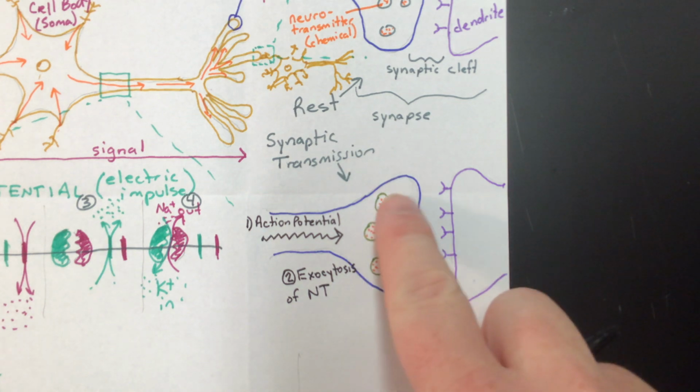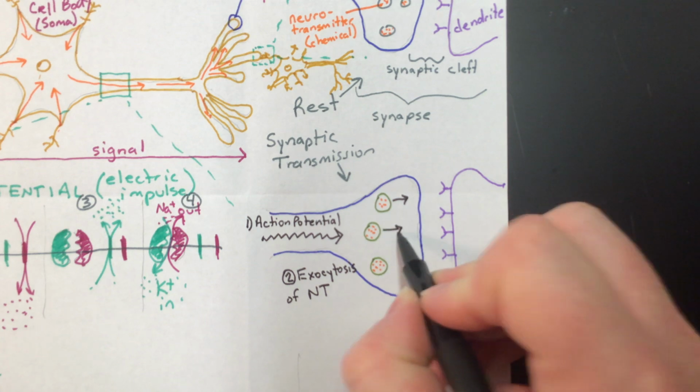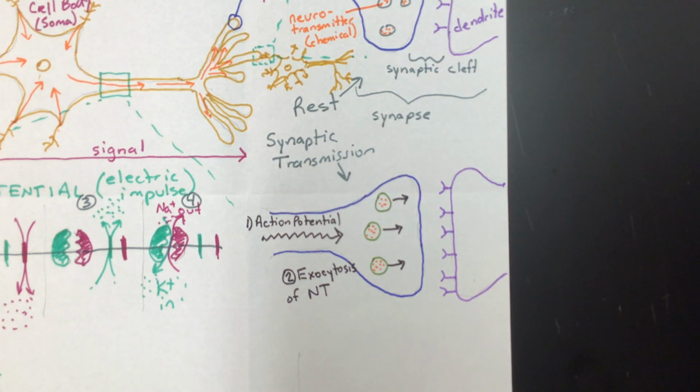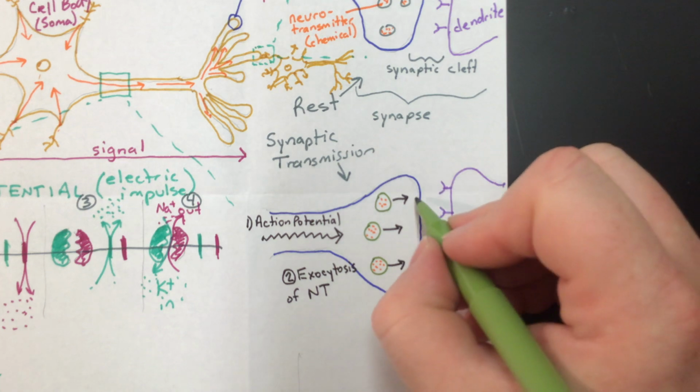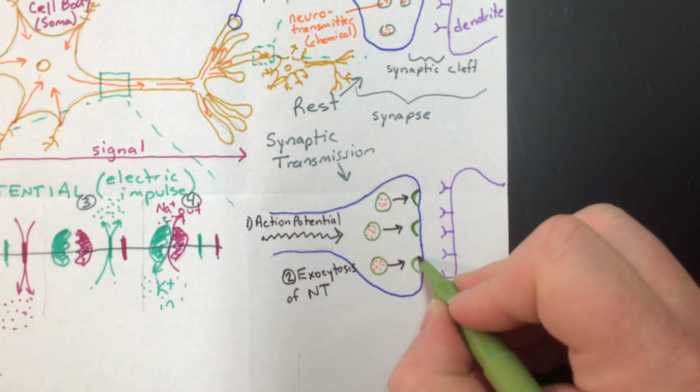neurotransmitters. So these synaptic vesicles, they move to the very end of the axon terminal, and they end up fusing with the end.